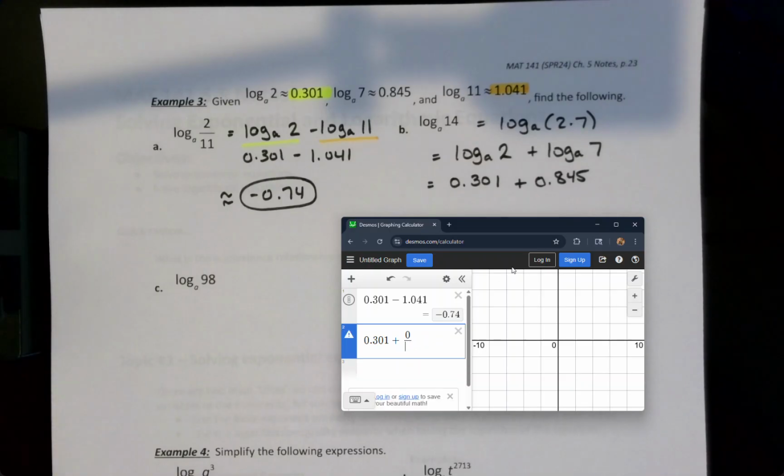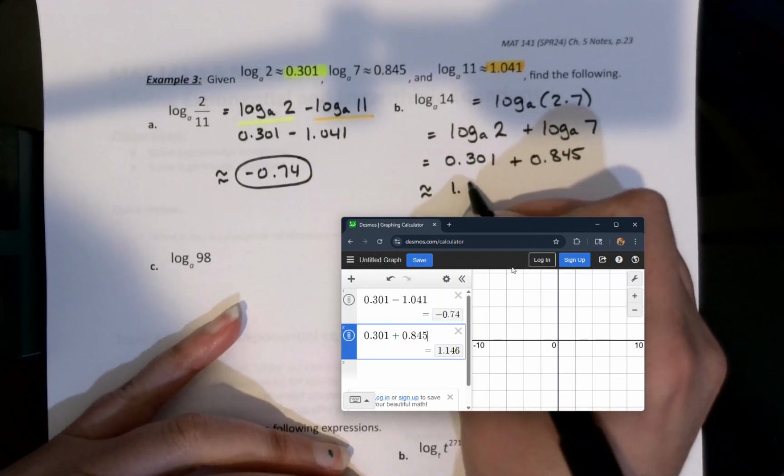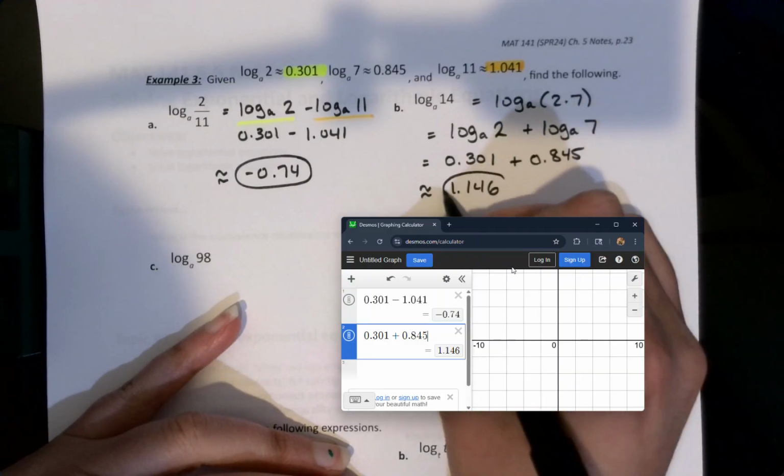Oops, that was supposed to be a decimal place. So this value is going to come out as approximately 1.146.